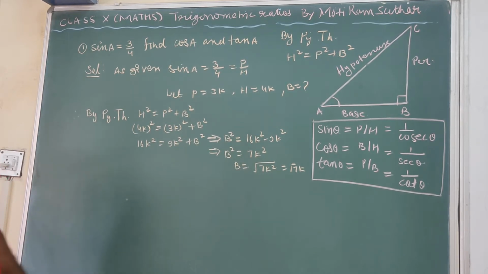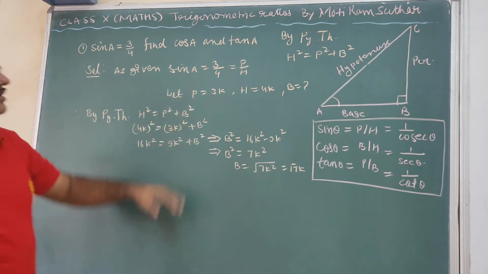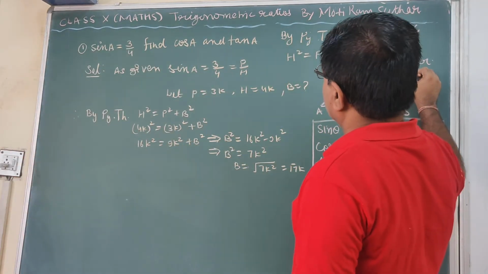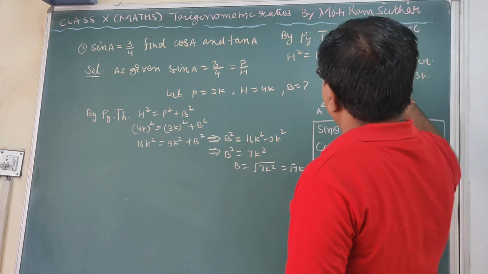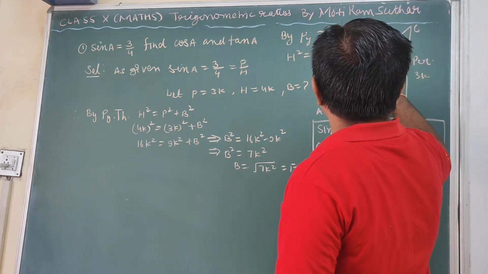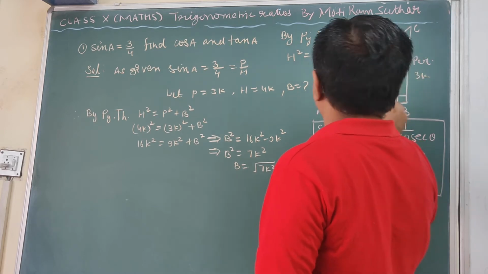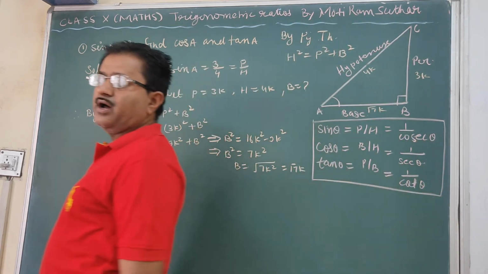Clear? So now what do you have to find? So here you may write: perpendicular 3k, hypotenuse 4k, and base root 7k. So you know all the sides of the triangle.